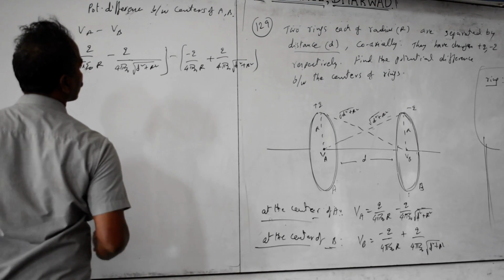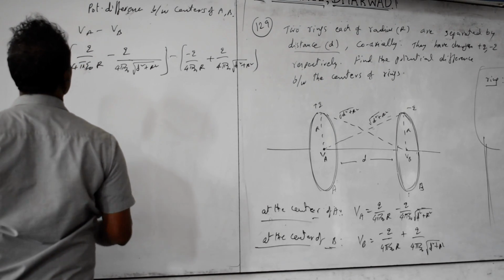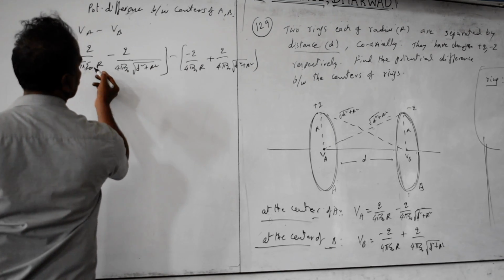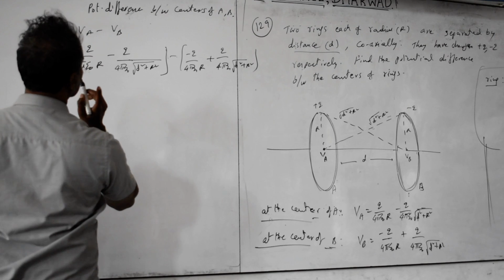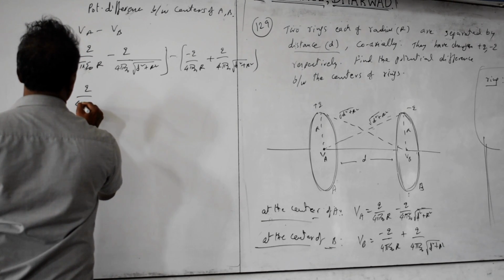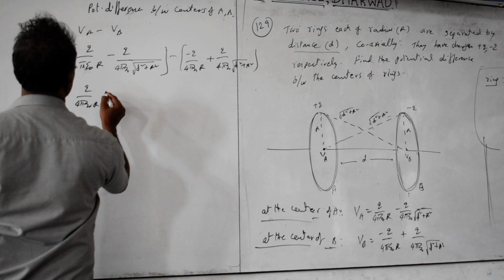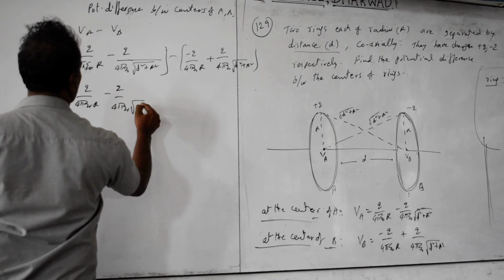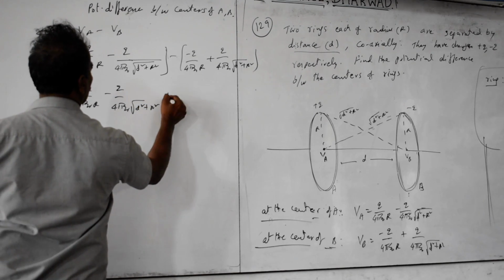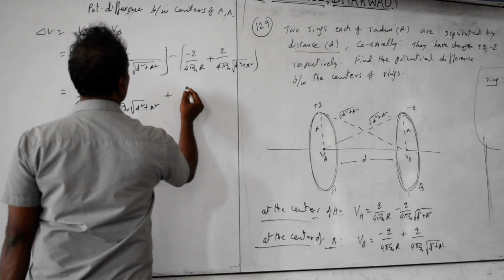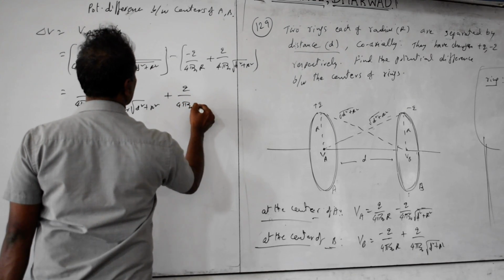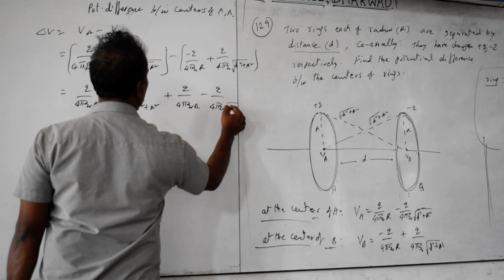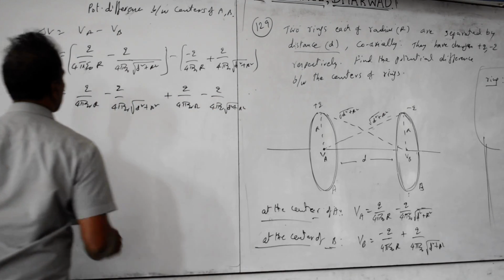The result is this becomes equal to plus Q by 4 pi epsilon into R minus Q by 4 pi epsilon into the root of D square plus R square, and the same again.